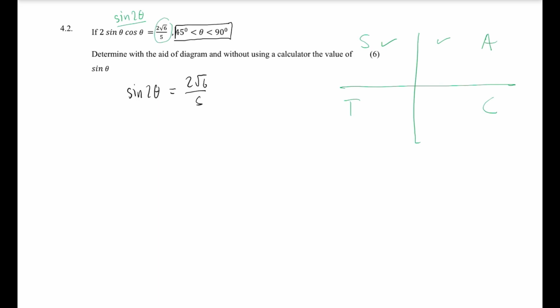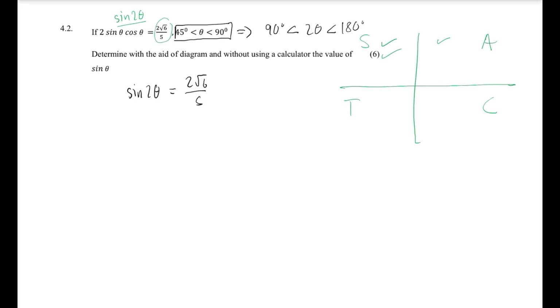And the other bit of information is that theta lies between 45 degrees and 90 degrees. So this implies that if you multiply by 2 throughout, you're going to get 90 degrees less than 2 theta less than 180 degrees. So I multiplied by 2 here, here and here, which tells me that the angle 2 theta lies between 90 degrees and 180 degrees, which is a tick on this side.